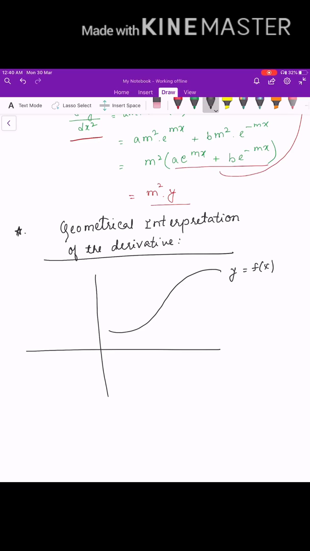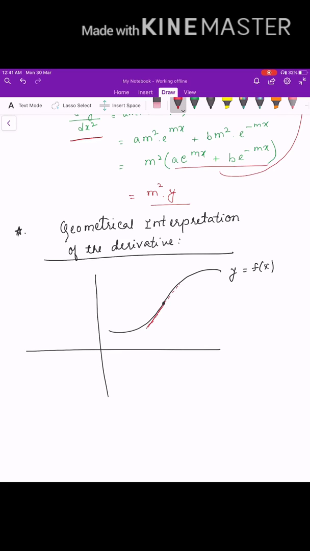Now, why do I find dy by dx? Dy by dx is nothing but the slope of the curve at any given point. Now, what do we mean by slope? Suppose at this point, I want to find the slope of the curve. So, here is the slope.